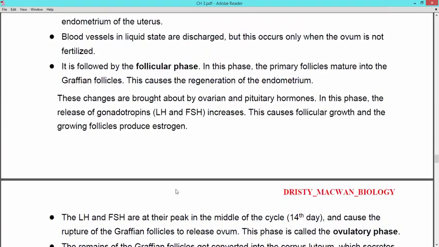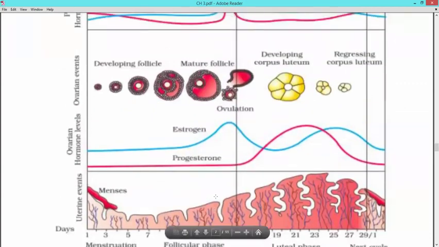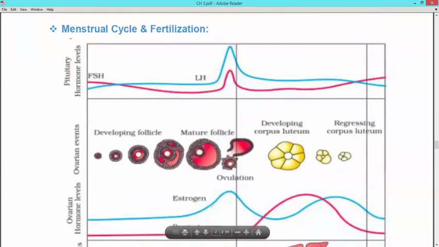So now we are going to see the figure. This is the figure through which we can understand, first, the pituitary hormone levels. The pituitary hormones are LH and FSH, that is luteinizing hormone and follicle stimulating hormone. The blue line depicts the luteinizing hormone and the pink line depicts the follicle stimulating hormone.